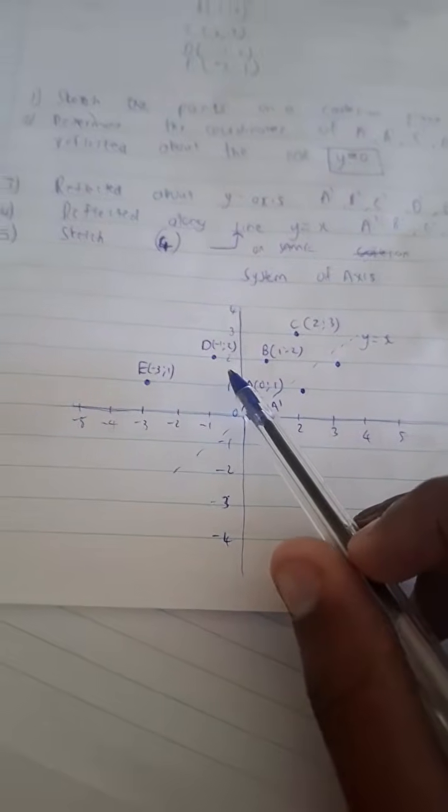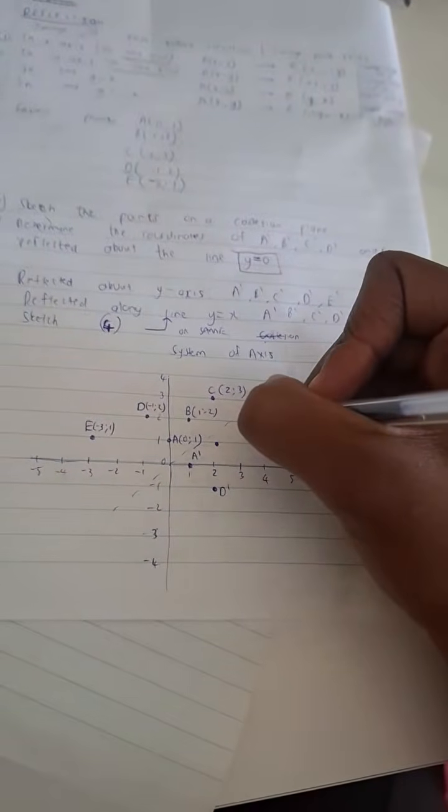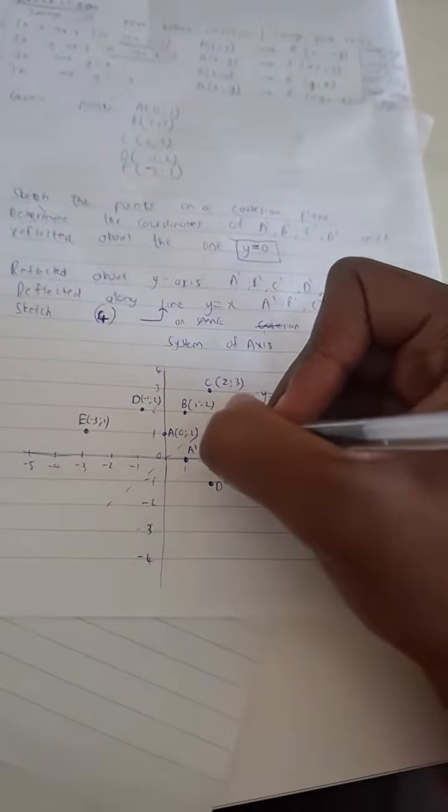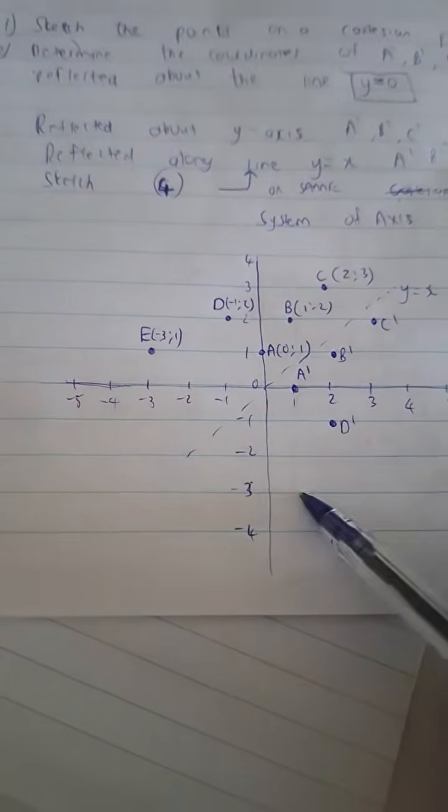The image of D was 2 and negative 1. And then E is negative 3 and 1, whereas the image is 1 and negative 3.